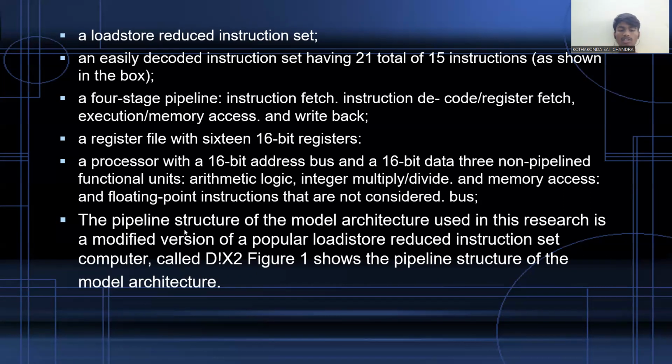The pipeline structure of the model architecture used in this research is a modified version of a popular load store reduced instruction set computer. Figure 1 shows the pipeline structure of the model architecture.